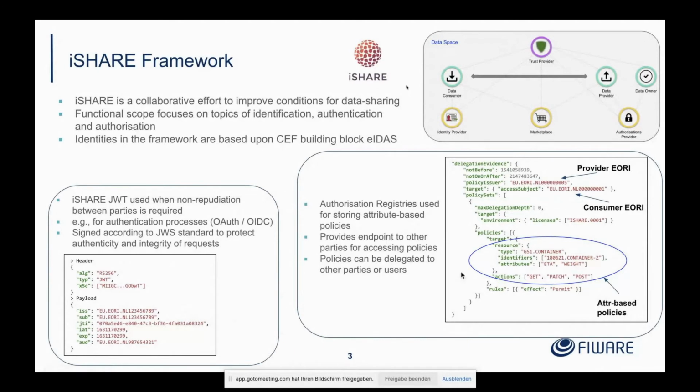And then on the other hand, you have these authorization registries where you can store the access policies, and here is how such an access policy in the iSHARE framework looks. The most important thing is that every policy is issued by some organization and has a target subject to whom this policy is issued by this organization. Then you can have an array of different policies, which in the end allow you to define, on an attribute-based level, what some user and organization can do when accessing your service.